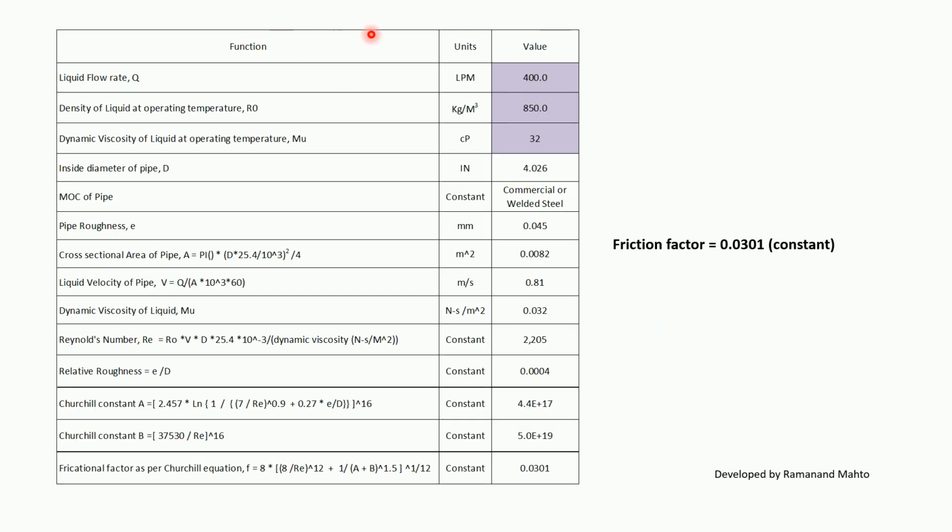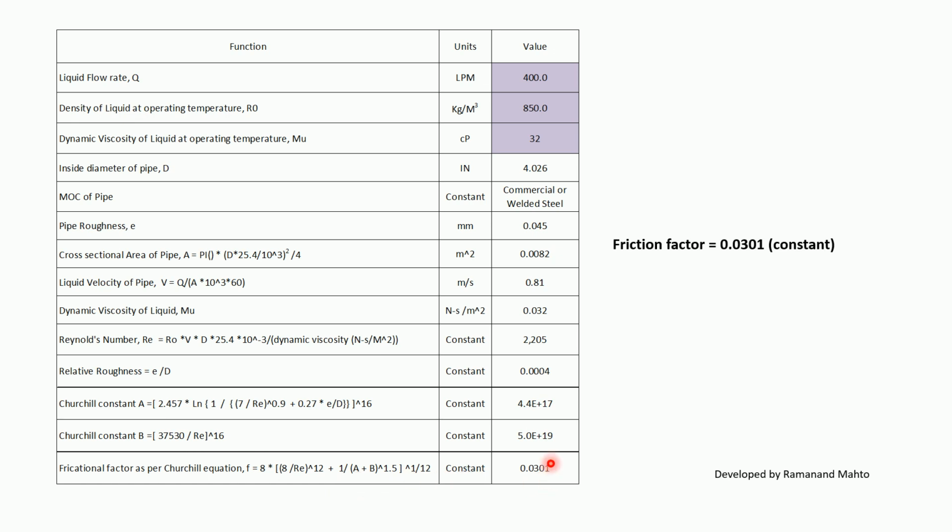So in calculation summary, liquid flow is 400 liter per minute, density is 850 kg per meter cube, dynamic viscosity 32 cP, pipe inside diameter is 4.026 inch, pipe roughness based on this pipe is 0.045 millimeter, cross section area of the pipe 0.0082 meter square, velocity of liquid in pipe 0.81 meter per second, dynamic viscosity in Newton second per meter square is 0.032, Reynolds number is 2205, relative roughness small e upon capital D is 0.0004, Churchill constant A is 4.4 into 10 to the power 17, Churchill constant B is 5.0 into 10 to the power 19, and friction factor is 0.0301.